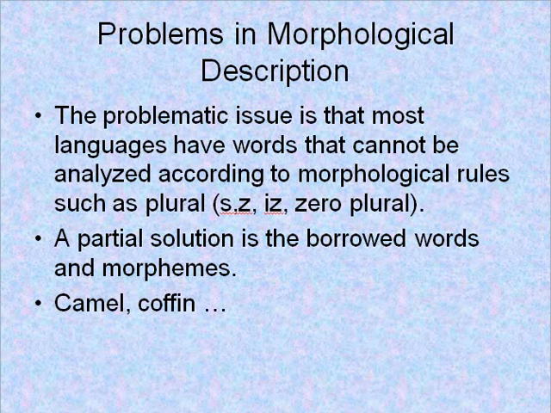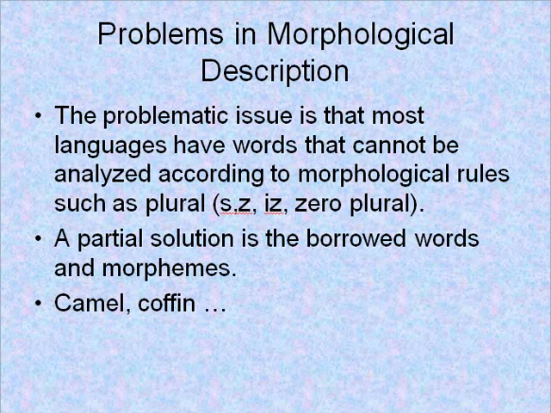Why? Because it is the source language, and they are its words. But it is difficult when it comes to the English language. Why? Because they are borrowed. They are foreign words as to the English language.